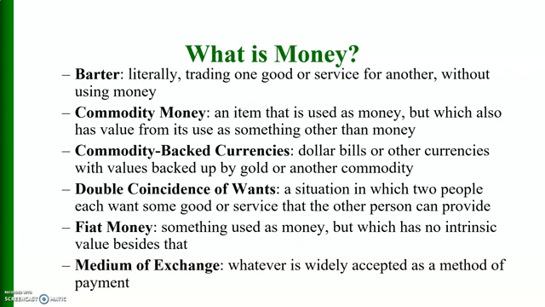We had commodity backed currencies, for example dollar bills or other currencies with values backed up by gold or another commodity. But there was a problem of double coincidence of wants with the barter system, a situation in which two people each want some good or service that the other person can provide.